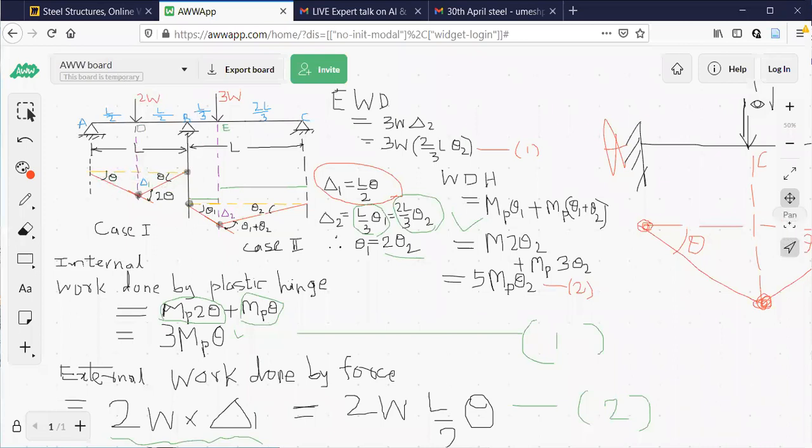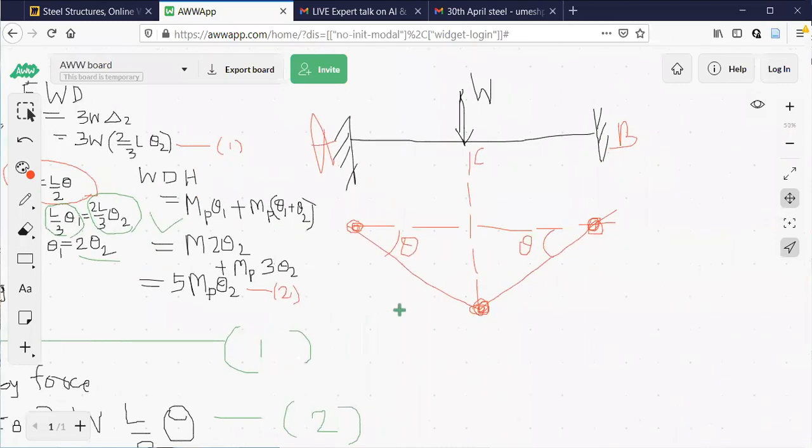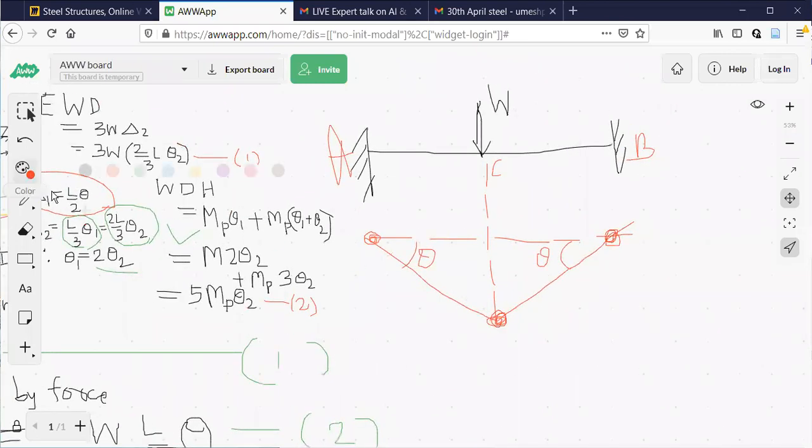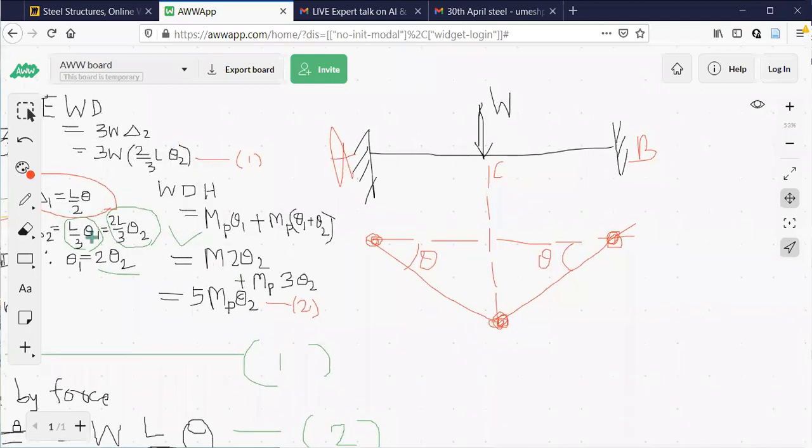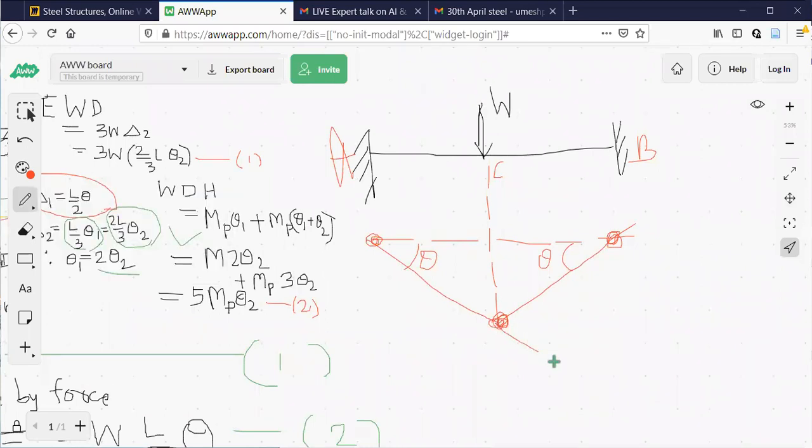So in this case, it has become easy for you to understand, because in case of a fixed beam, there will be 3 plastic hinges, MP into theta. The rotation of this plastic hinge with respect to this plastic hinge is nothing but the sum of these two angles.